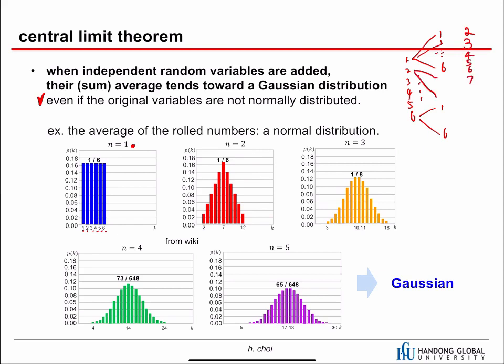And what about this one? The first dice has 2, and in the second dice we have 1, then we have 3, and then 4, 5, 6, 7, 8. Then look at this one.